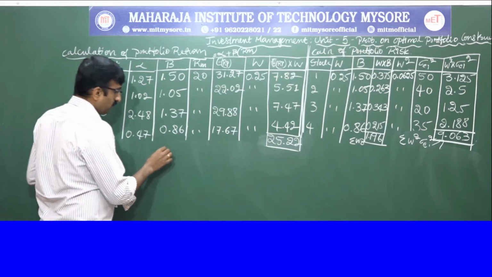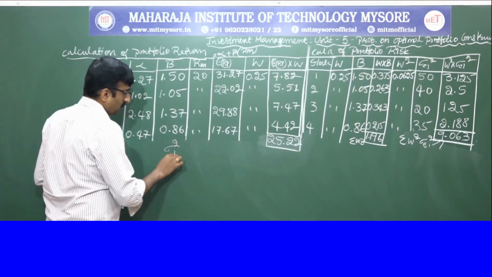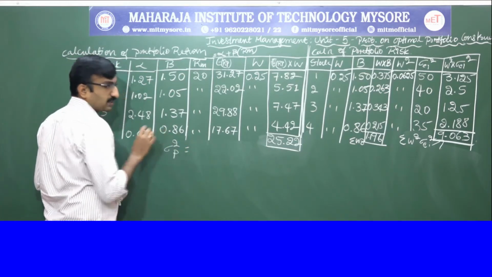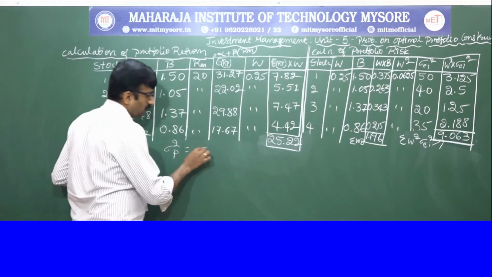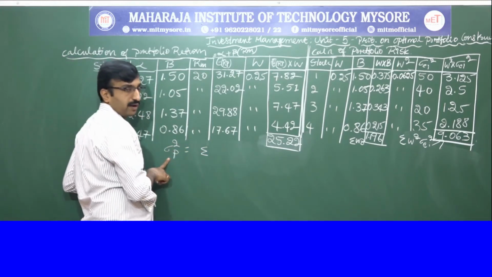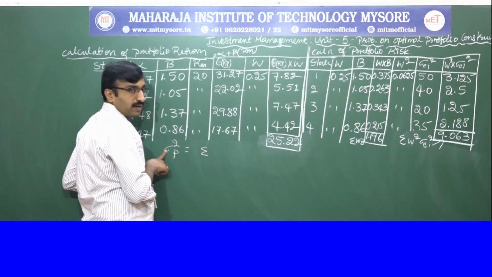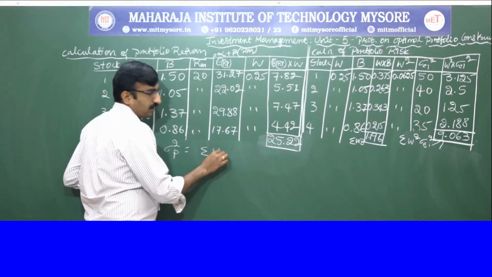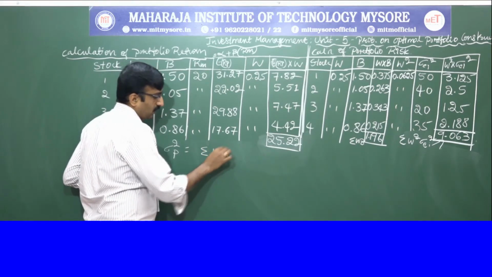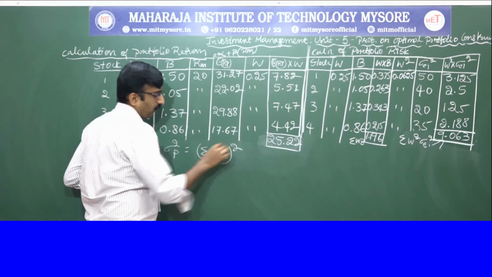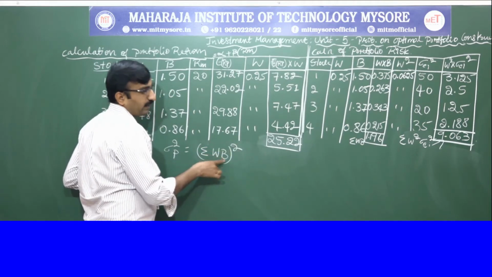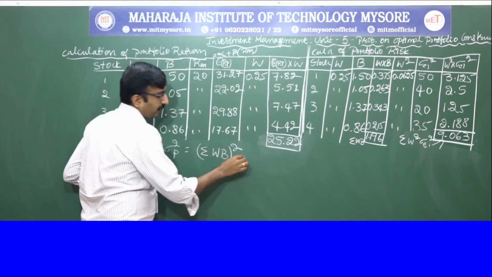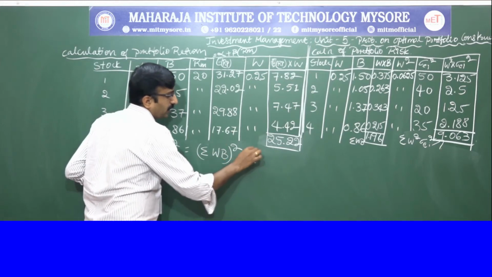So, the formula for that is standard deviation P square, which is equal to, okay, standard deviation P square can also be called the root of the standard deviation. So, sigma weight B whole square, we take sigma weight B square, into standard deviation M square.